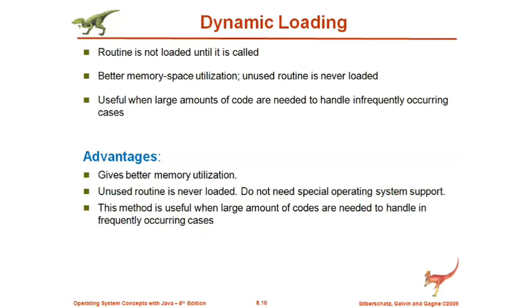Here the unused routine is never loaded. We know that whenever you write a program, it will be stored on the disk, and whenever you want to execute, you have to call that function or routine, and only then will it be executed. This is a part of dynamic loading. It is useful when large amounts of code are needed to handle infrequently occurring cases.